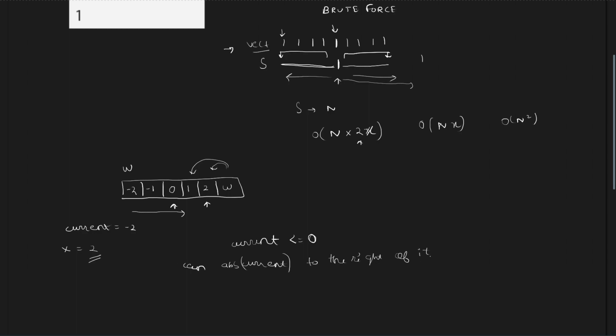So the idea is, whenever the value of current is less than equal to 0, that means while traversing from left to right, the last Wi-Fi we encountered can still cover absolute of current number of rooms to the right of the current index.